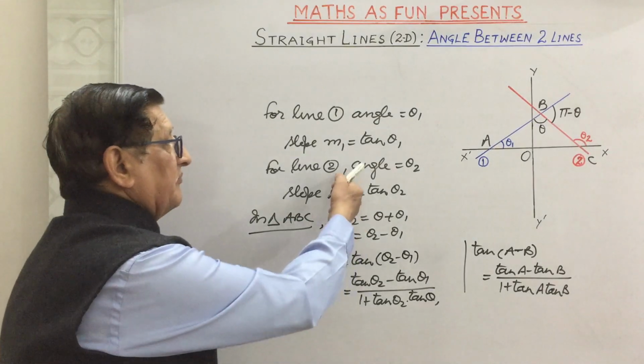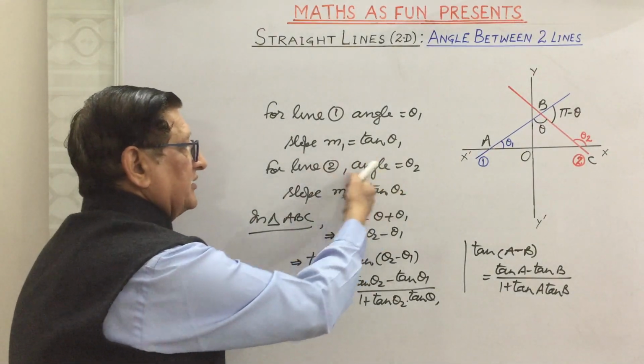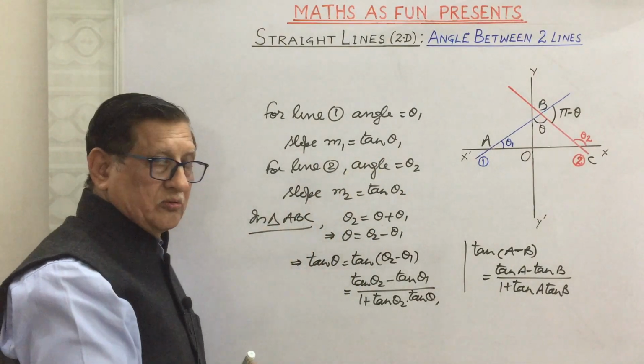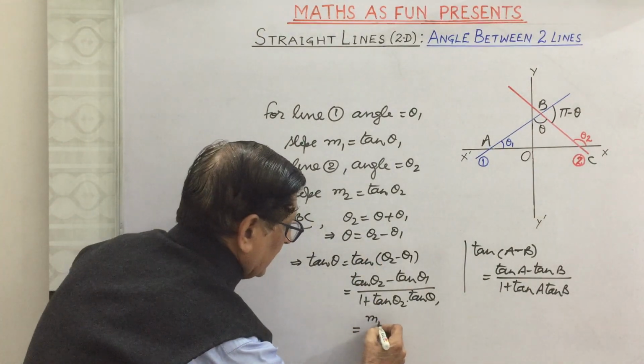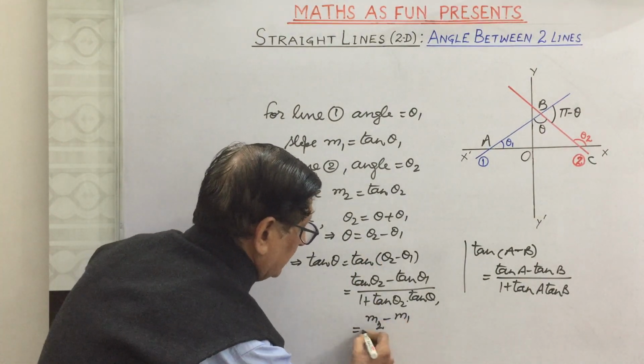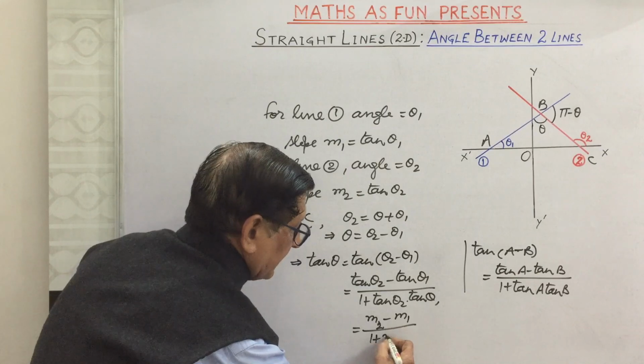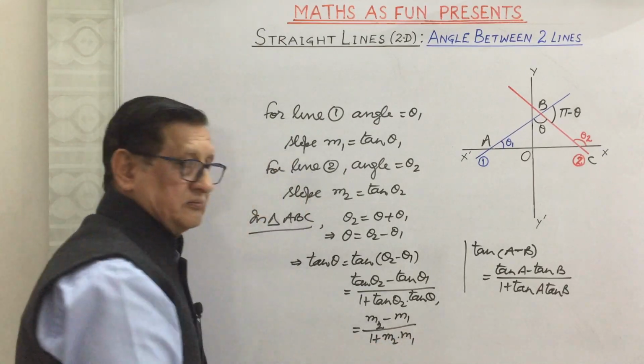We have seen here tan theta 1 is m1 and tan theta 2 is m2. If we substitute that here, we get m2 minus m1 upon 1 plus m2 into m1.